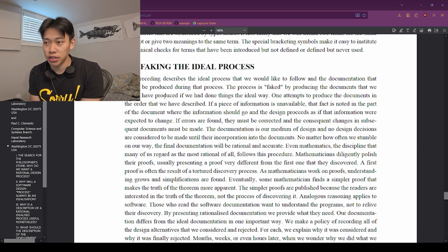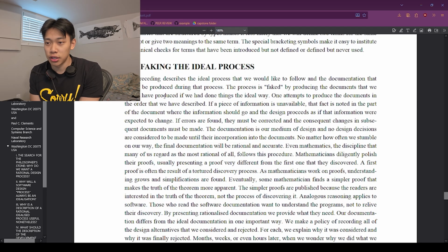One attempts to produce the documents in the order that we have described. If a piece of information is unavailable, the fact is noted in the part of the document where the information should go, and the design proceeds as if the information were expected to change. If errors are found, they must be corrected, and the consequent changes in subsequent documents must be made.